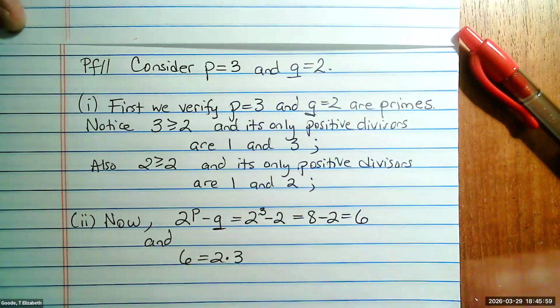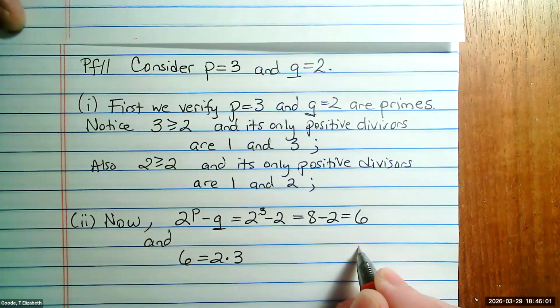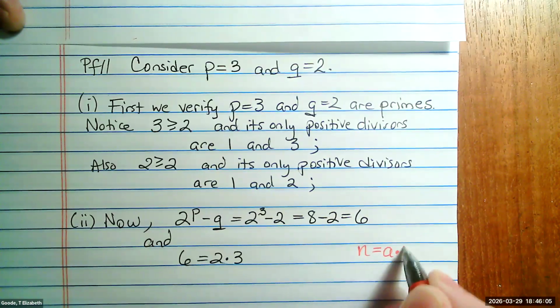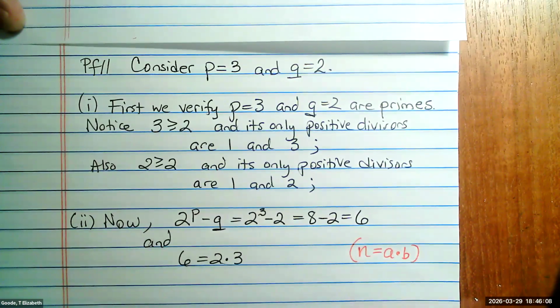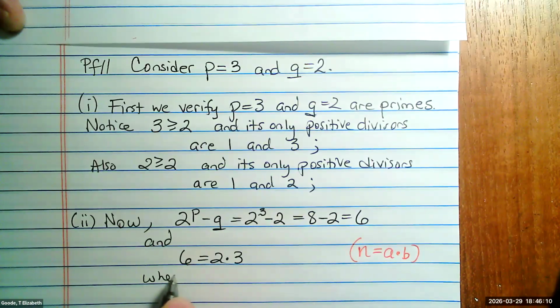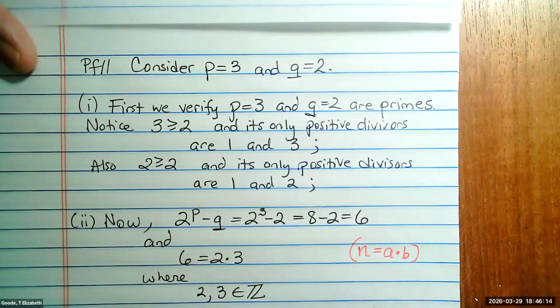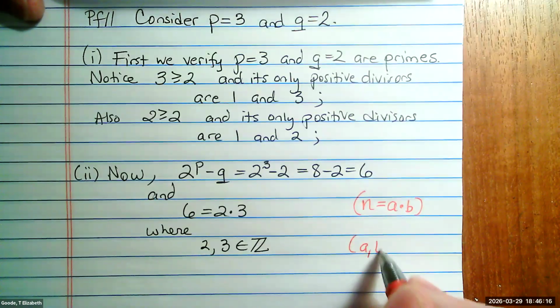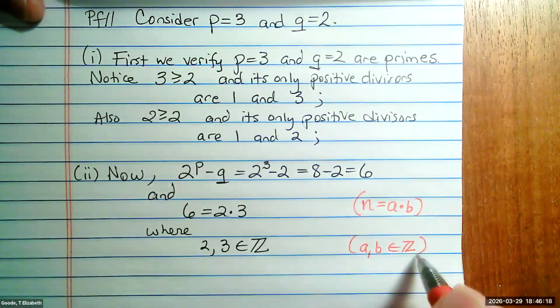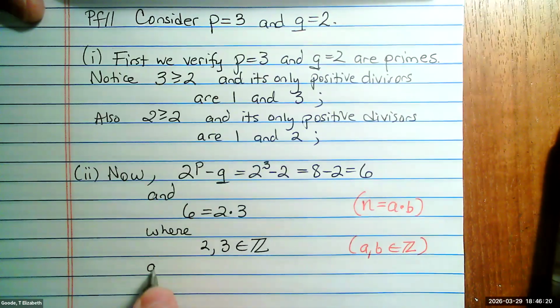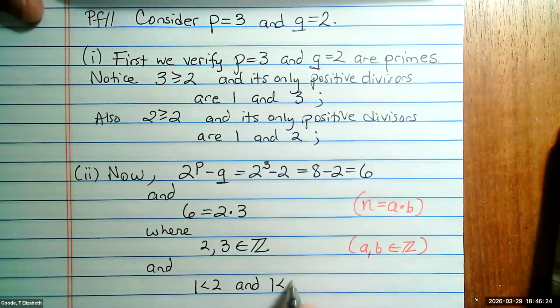So that's our factorization where n is equal to a times b, where 2 and 3 are integers. You just say it. That's part 2. A and B are integers, or part 1, depending upon how you do it. And 1 is less than 2, and 1 is less than 3.